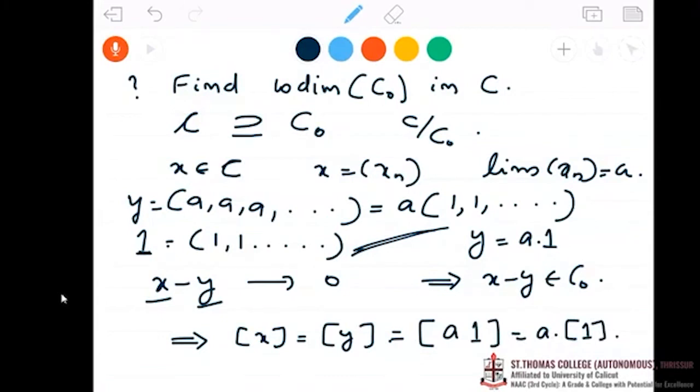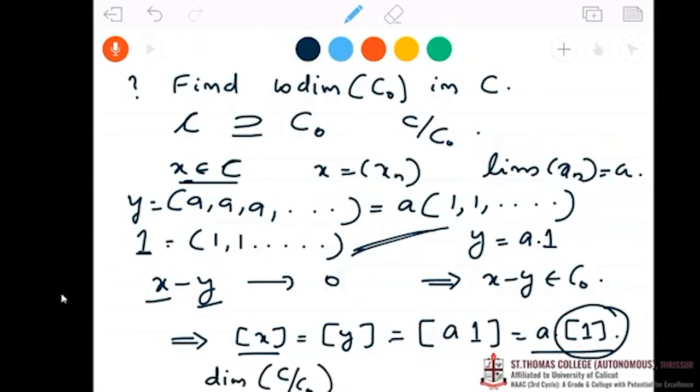So you take any class x. If you take any x from c, class x can be written as a scalar multiple of class 1. So we need only one vector to span c over c0. Then we can say that the dimension of c over c0 is equal to 1, because we need only one vector to span the entire space.